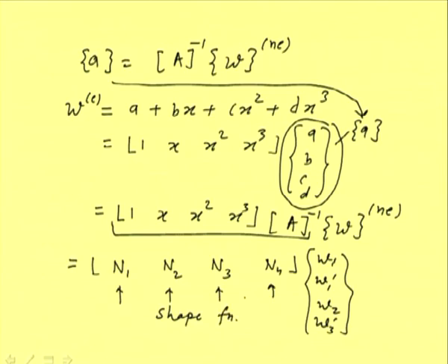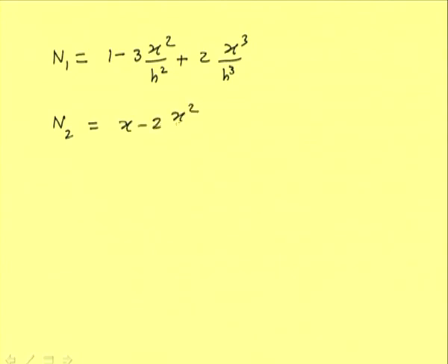They are functions of x. These functions can be expressed by multiplying those vectors, and they are in terms of polynomials. These shape functions have a unique property which we will see subsequently.